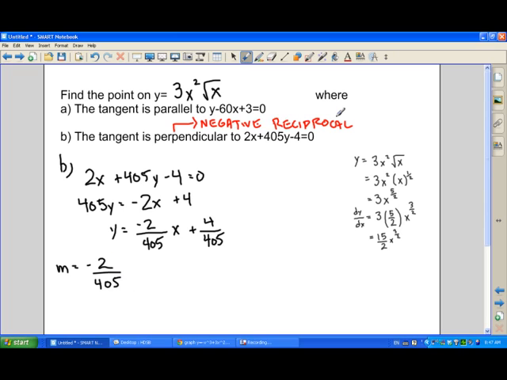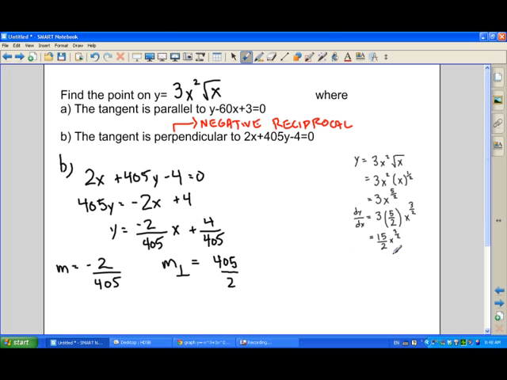If I want the negative reciprocal, if I want the perpendicular slope, I can take this fraction and I can flip it and multiply it by negative 1. So my perpendicular slope is 405 over 2.